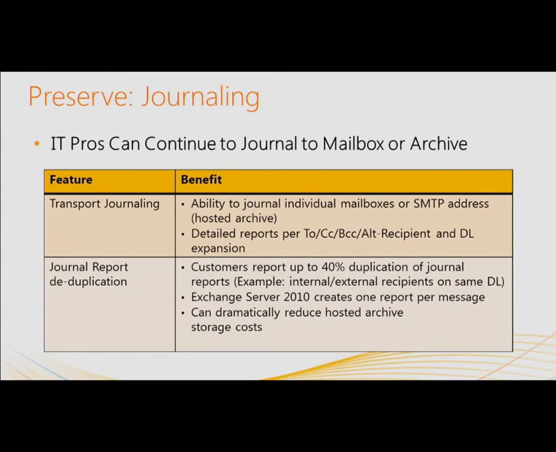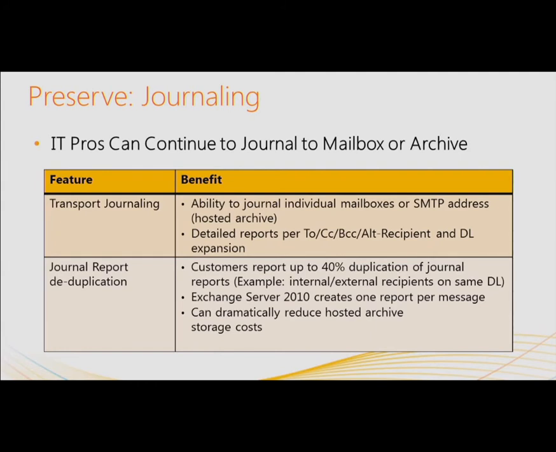Right. And next, another method is journaling. We support journaling in the online services, but there would be this question in the service description when you read it: you cannot journal to an online mailbox, which sounds contradictory. Let me take a minute to explain that.